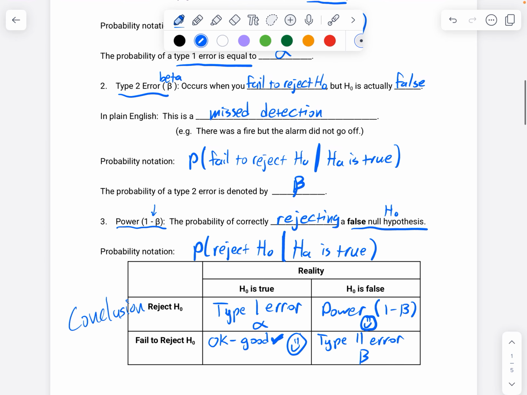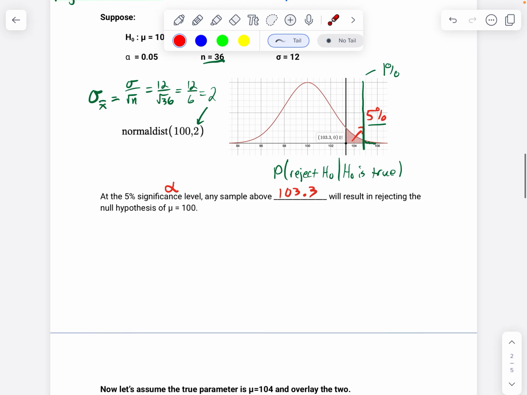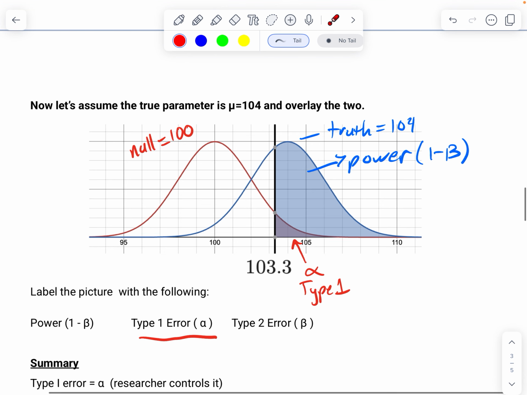Now, this is the blue part. So what's this? When HA is true, but you don't reject H0. Where is that in this picture, on this double normal curve picture? Again, that's when the blue curve is the truth, but you didn't reject the red curve.